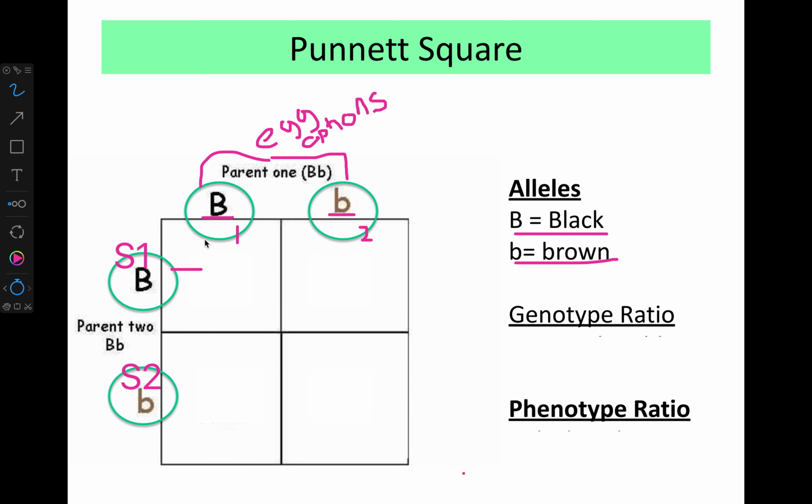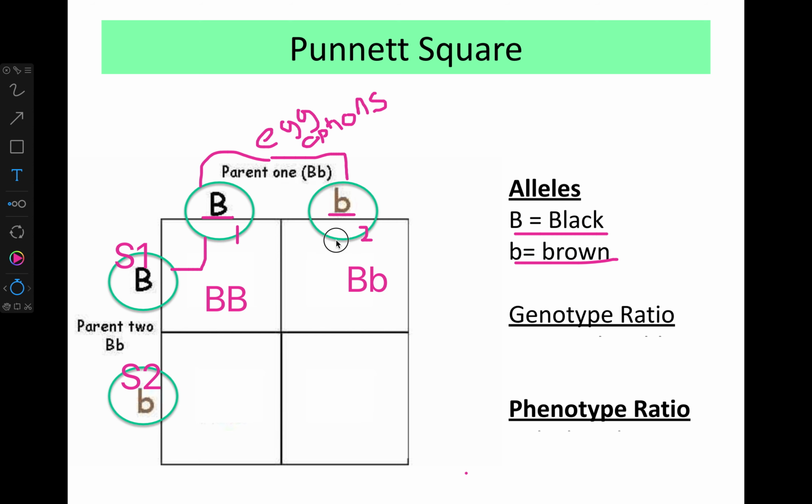So we're going to do fertilization. So let's say this sperm combines with this egg. These 2 options come together and they form that embryo, that zygote, that baby. And then these 2 options come together and they form this possible baby.